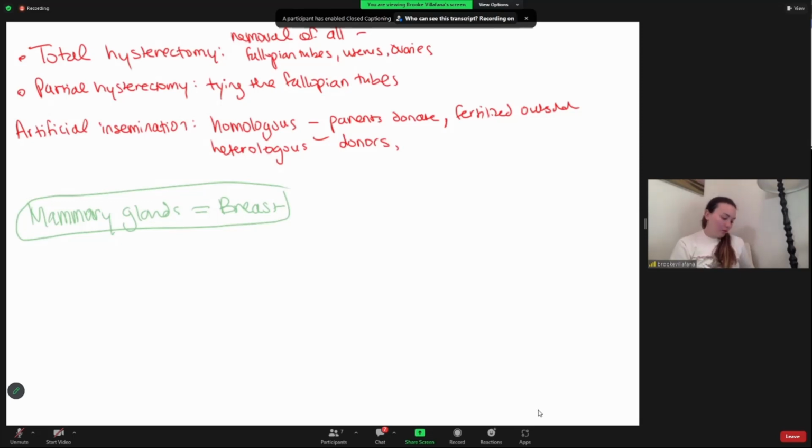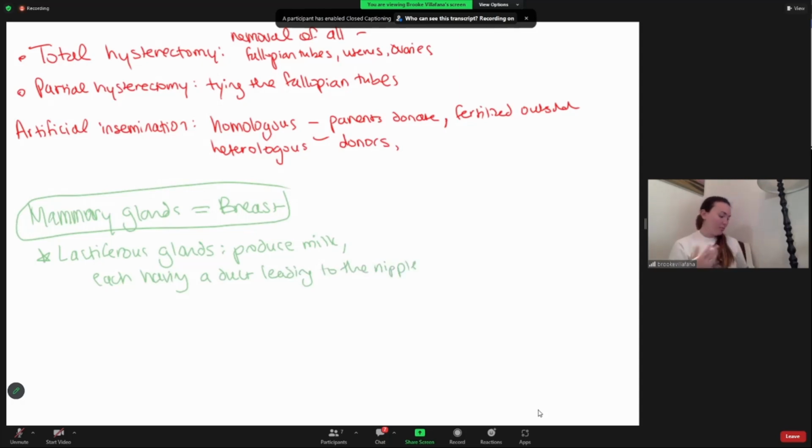The mammary gland or the breast has inside of it lactiferous glands. Lactiferous glands produce milk, each having a duct leading to the nipple. So the lactiferous glands are what are actually producing the milk.